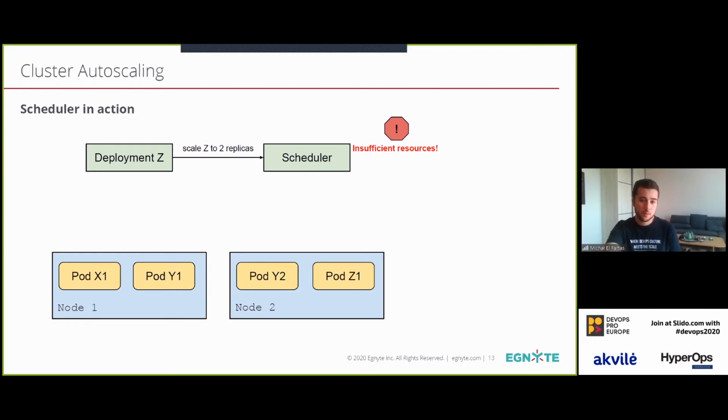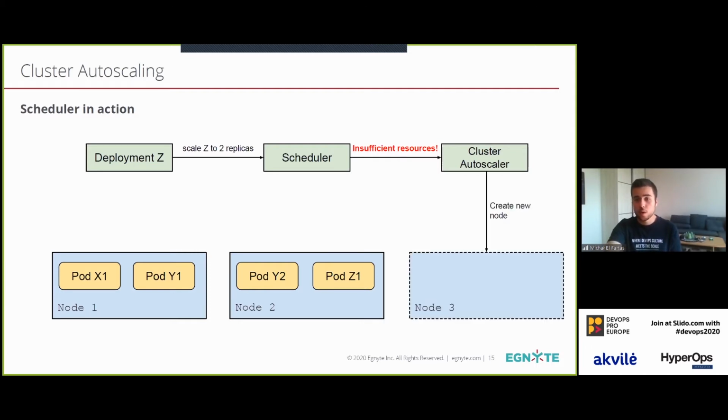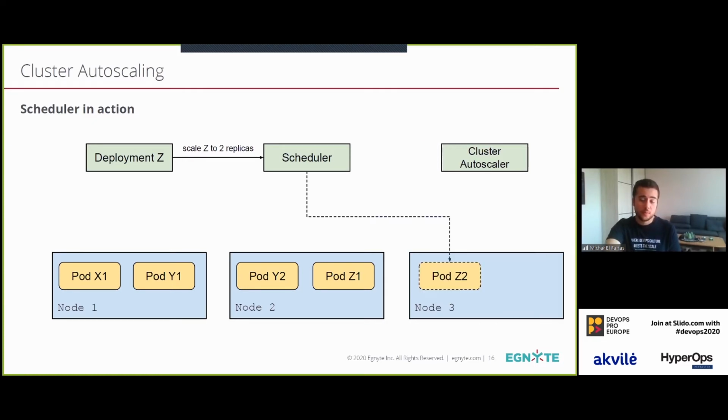You have 2 nodes which are fully utilized right now. So it works in cooperation with the cluster autoscaler, and the cluster autoscaler will provision a new node in the cluster. Now, when you have enough resources, the pod is no longer in a pending state, and is created and assigned to the node.